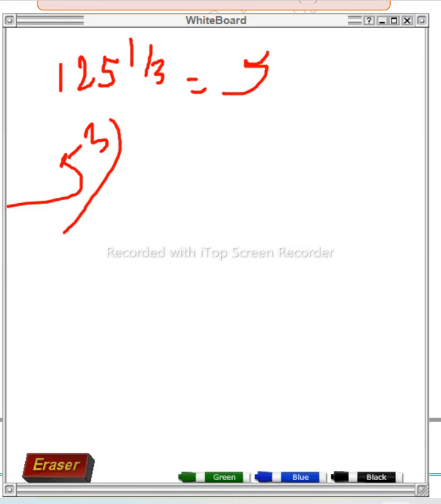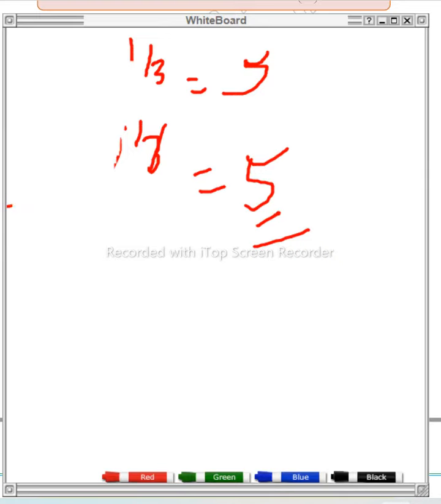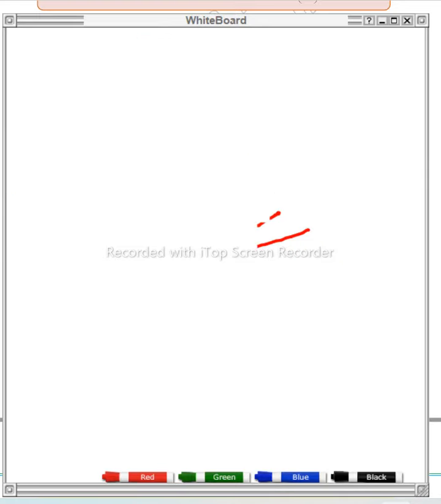So it is rewritten like that. Then for 1 over 3 we cancel 3 by 3, so 5 is equal to 5. So this is the correct answer. So we show that 125 to the power of 1 over 3 is 5.